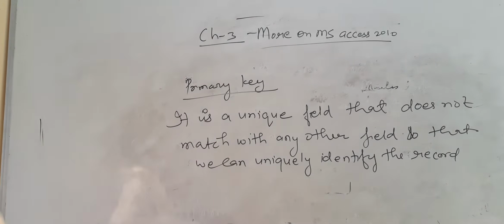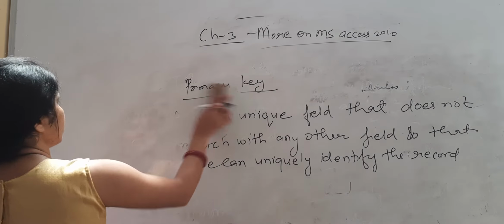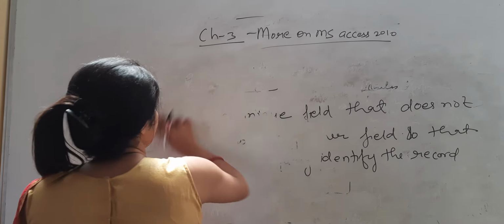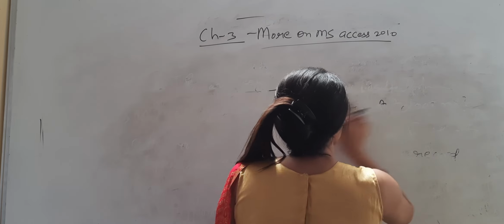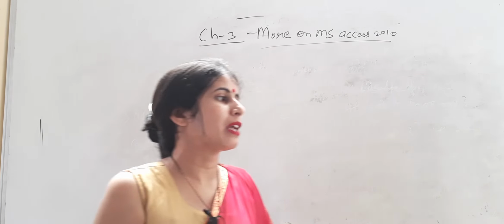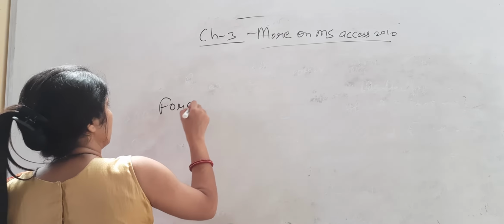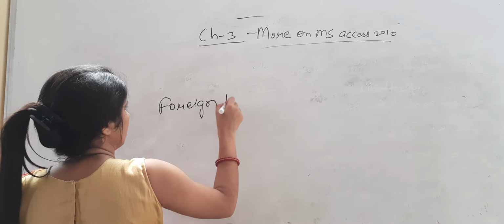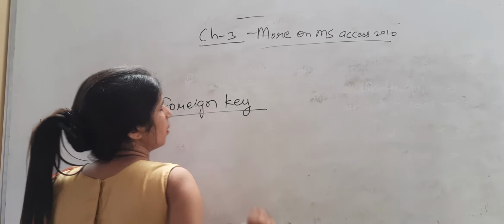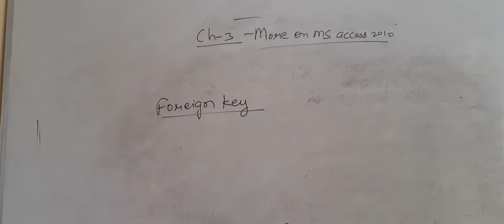Okay. Now I am going to write what is foreign key. There are two kinds of key. First is primary, second one is foreign. Foreign key is slightly different from the primary key.